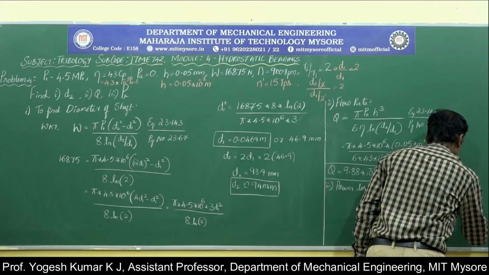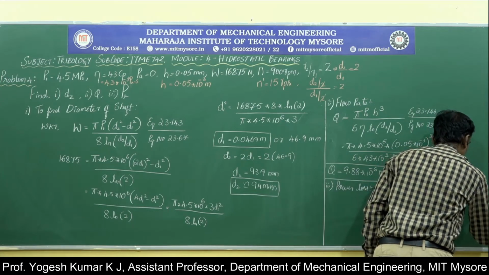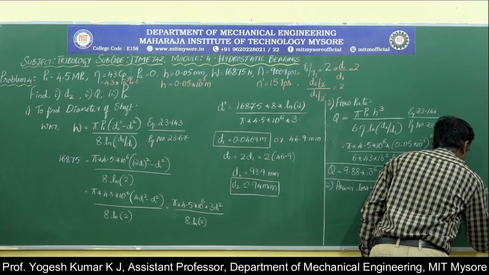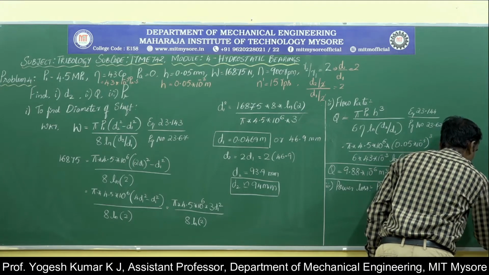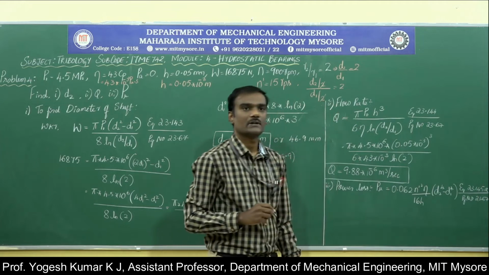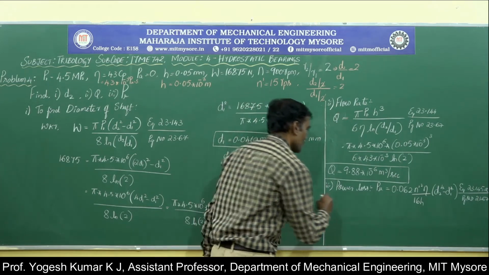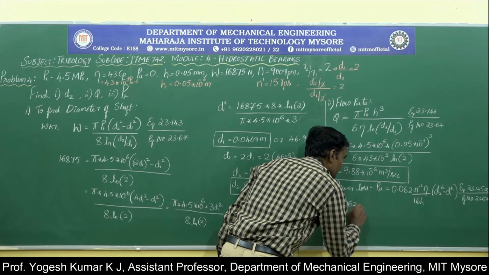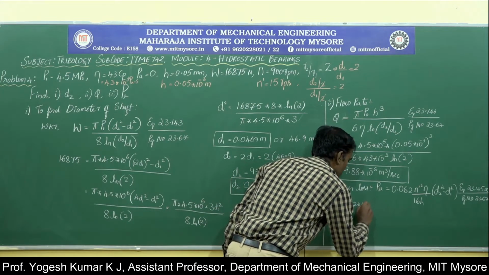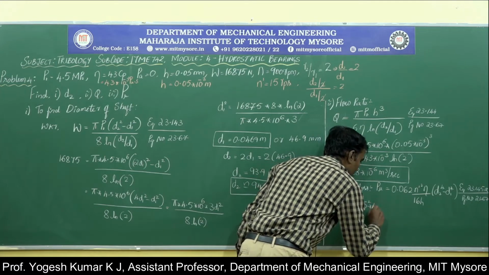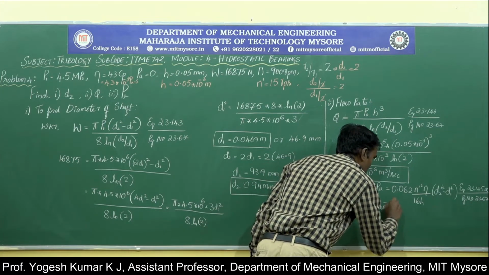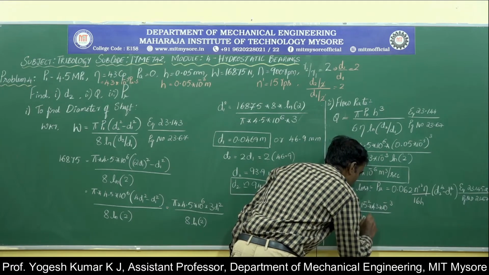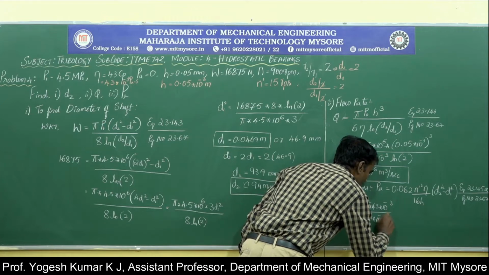Equation number 23.145a, page number 23.67. So let us substitute: 0.062 into 15 square into 43 into 10 power minus 3, whole thing divided by 16 into 0.05 into 10 power minus 3.